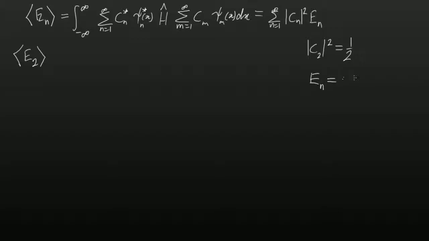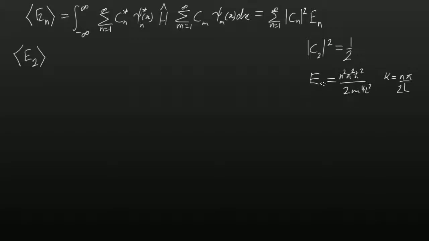So, for the general case, it was k squared h bar squared on 2m. Okay, and we remember that k equals n pi on L for the original well, and we expanded the well to 2L. So when we put that in here, we get n squared pi squared on 4L squared.